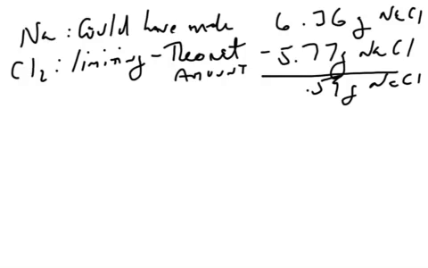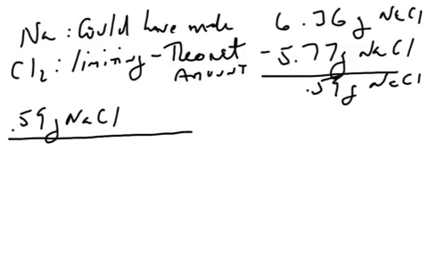Now, what you do is you take that number, 0.59 gram of NaCl, and you go back and solve for the excess stuff, and that'll tell you how much excess was actually left over. So let me just show you the process.